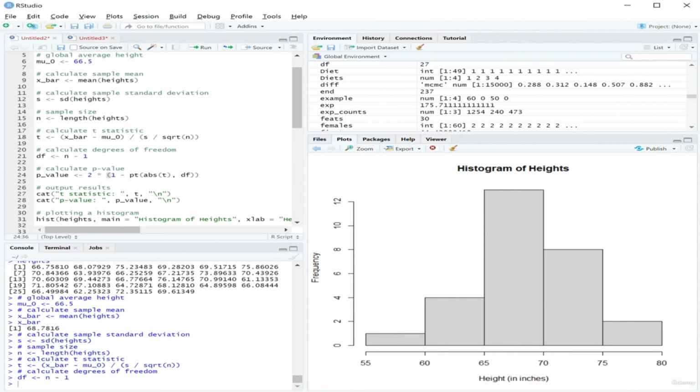And so the p-value here, we know, is the probability of getting the observed or more extreme outcome, right? So we observed an x bar, our mean, of this amount, and we have a t-statistic that we calculated from that. And so the p-value is going to be the probability of us observing this mean or something more extreme, given that the null hypothesis is true.